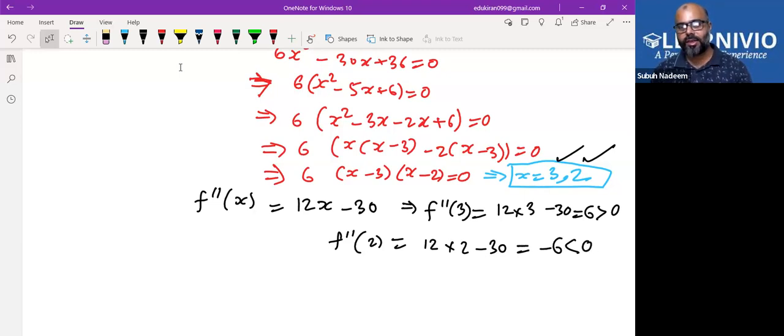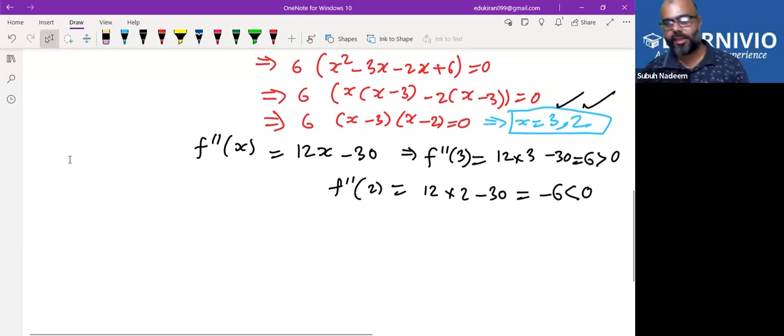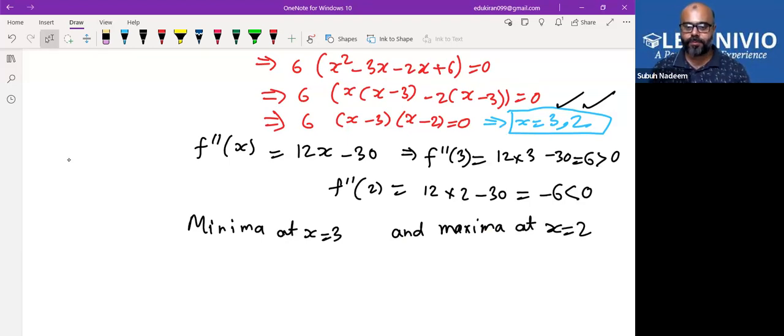So basically there is a minima at x is equal to 3, because double derivative is positive, and maxima at x is equal to 2 because double derivative is negative. So this is how we find it out.